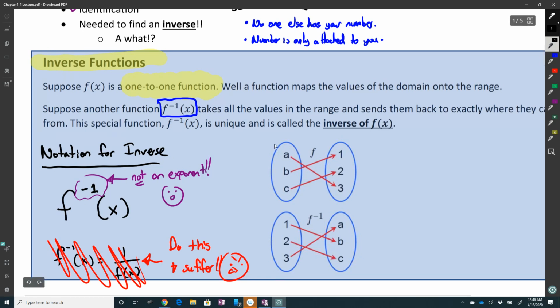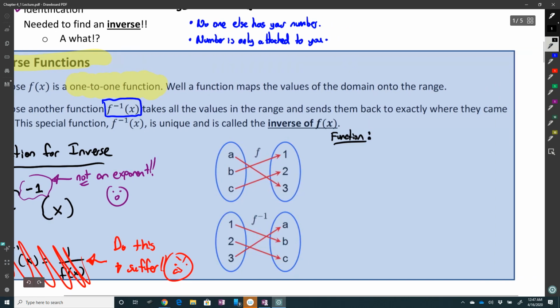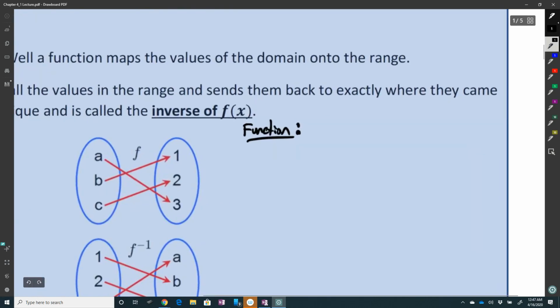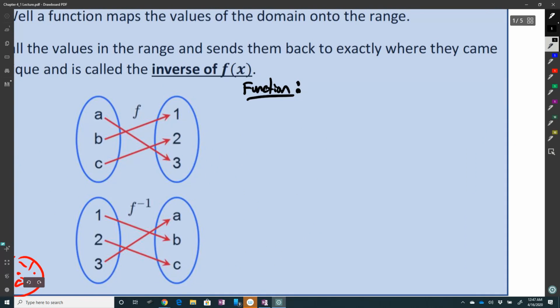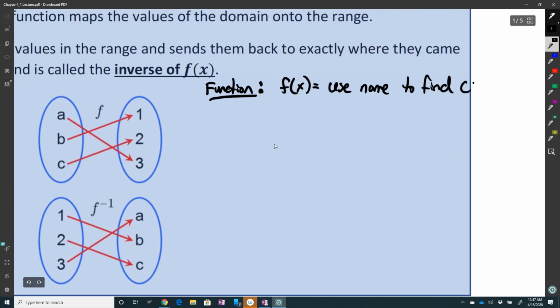But what an inverse does, so let's say my function, and I'll use your Collin ID. Let's say the function is using your name, and let me put f of x in front of it. So the function I would call f of x. And let's say that what I'm doing is I'm using your name to find the Collin ID, your CW ID. Okay?